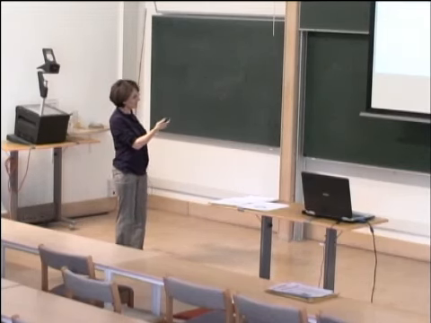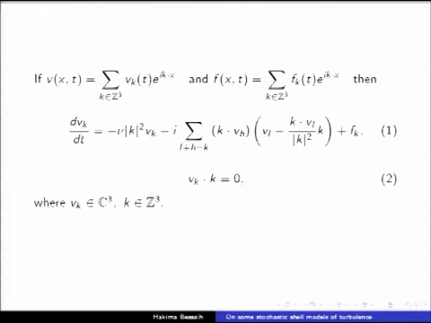And 3D Navier-Stokes, I will try to rewrite in the Fourier components. So if you write V as a sum of V_k e^{ikx}, where k is in Z^3, the V_k are the Fourier components of the velocity. You also write the forcing in Fourier components.